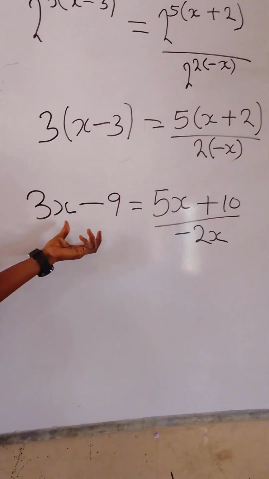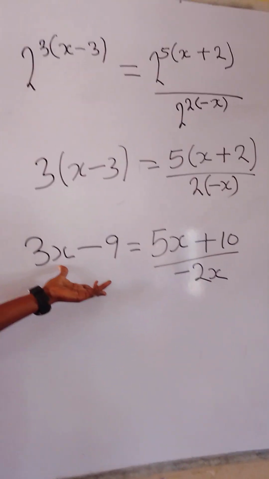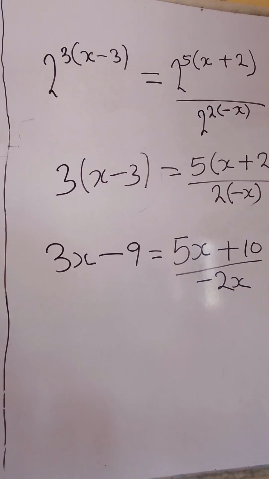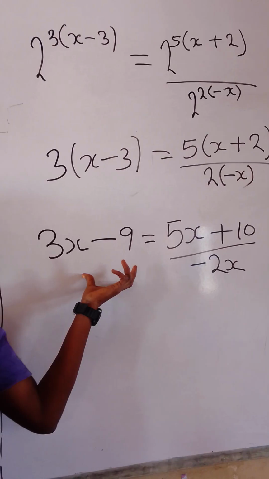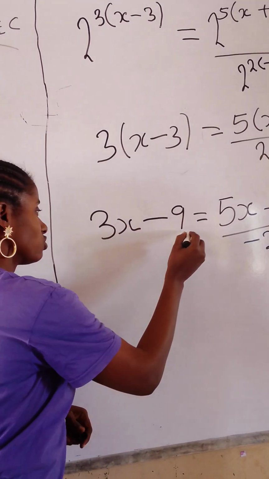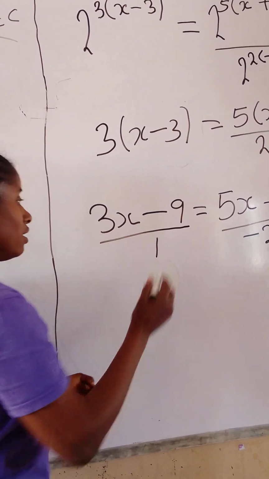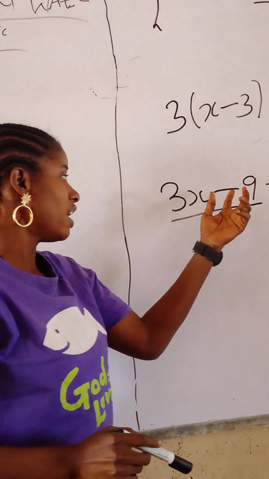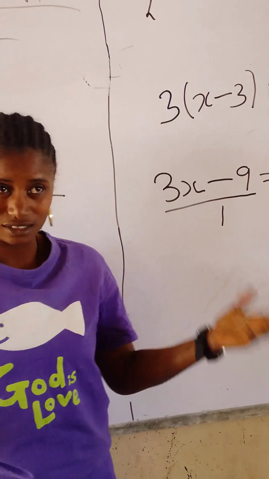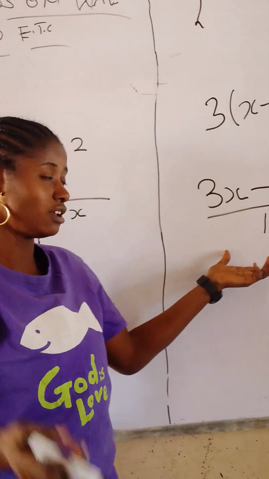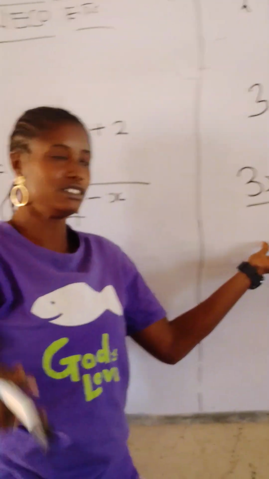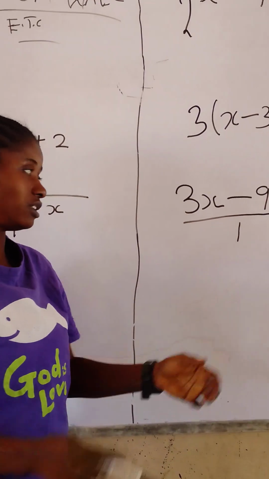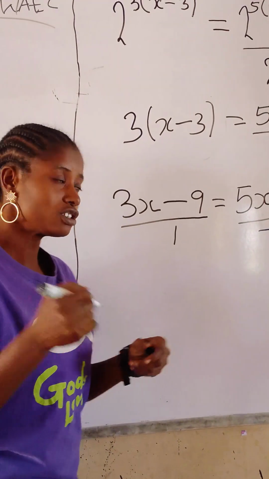When you reach this side, the next thing that you do is cross multiply. But for the purpose of learning, you need to support this one with 1, because in mathematics, they always look for your steps. Anything divided by 1 is still that same number, just as 1 times 4 is still 4. From here, we cross multiply.